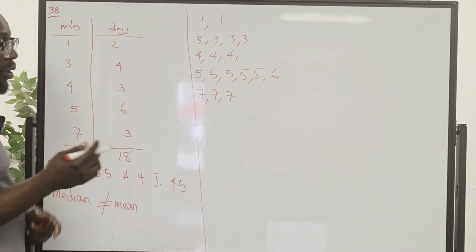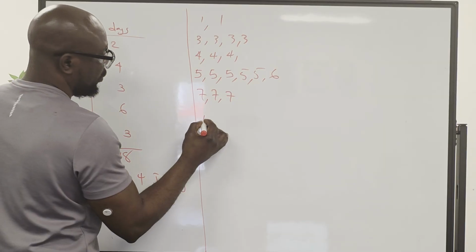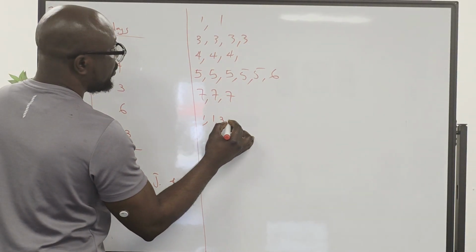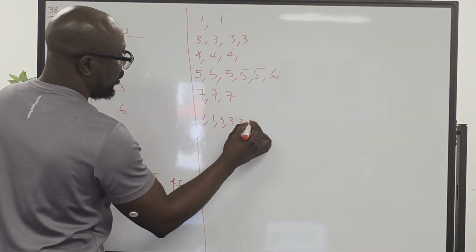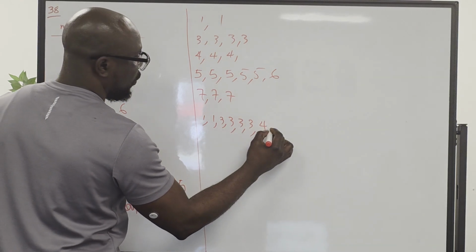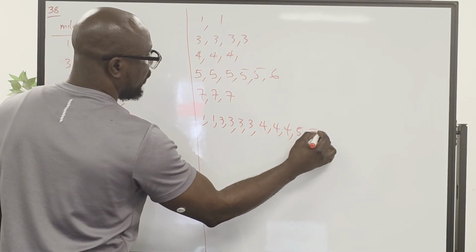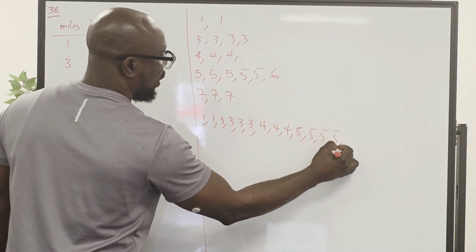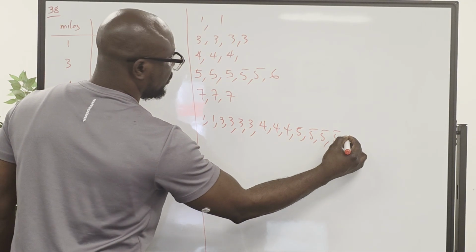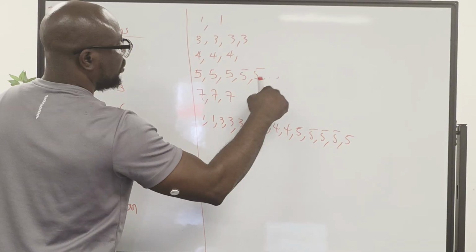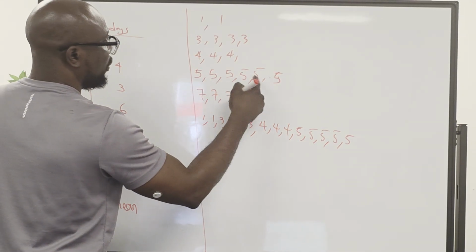So if you write this out, you have 1, 1, 3, 3, 3, 3, 4, 4, 4, 5, 5, 5, 5, 5. It should be 5. 1, 2, 3, 4, 5, 6.